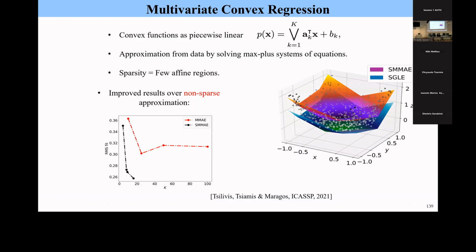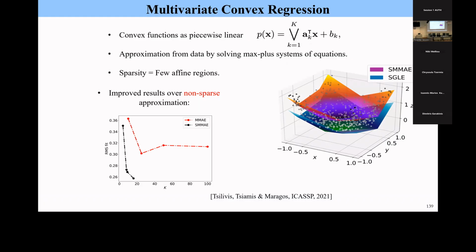All these max plus polynomials, of course, they give us convex functions. Since then, the optimal solution results from solving a system of max plus equations, we can try to go after sparse solutions of these equations. And then we can even further reduce the number of terms k.